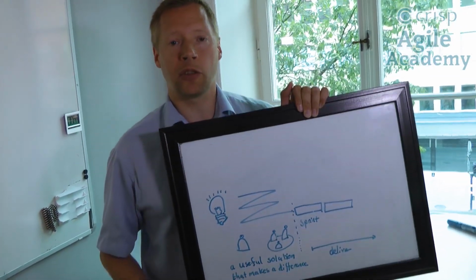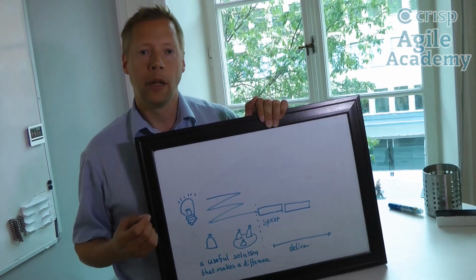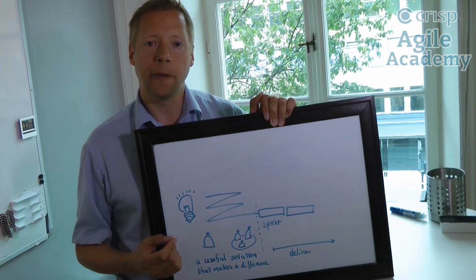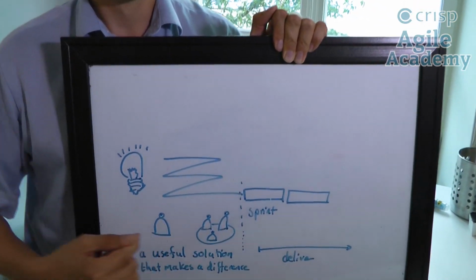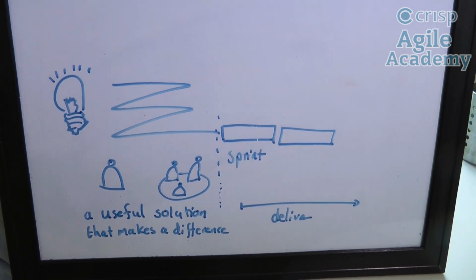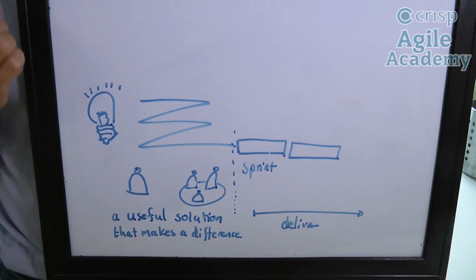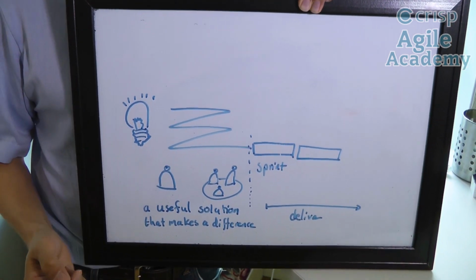The second experience I found interesting was if you work in an agile team and you do sprints, it's very easy to too quickly enter development mode and release mode. What concepts enabled a couple of teams to do was to engage themselves with the person behind the idea and prototype their way through until they found out they had the answers to, hey, we know now that this idea is actually both usable and makes a difference.